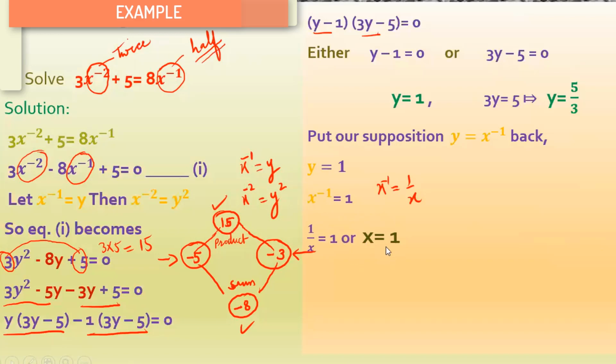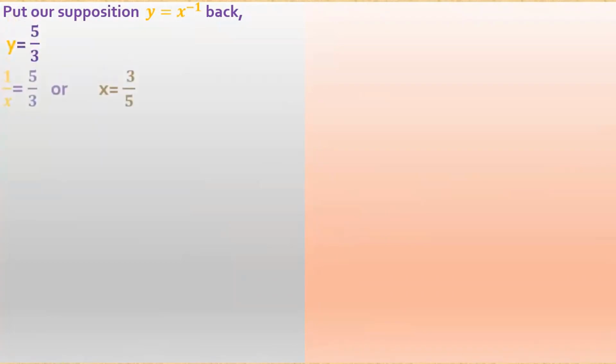And then by cross multiplication, we can find x is equal to 1. This is our first final answer. Then look, second, y is equal to 5 over 3. So put our supposition y is equal to x raised to the power minus 1 back.